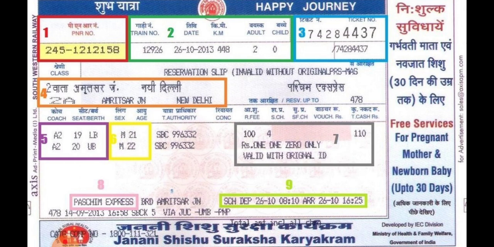Normally in the morning time, all the people, even those who have the upper berth, can either sit in the upper berth or in the lower berth as per their wish. But while sleeping, they have to stick to the berth number specified in the ticket.